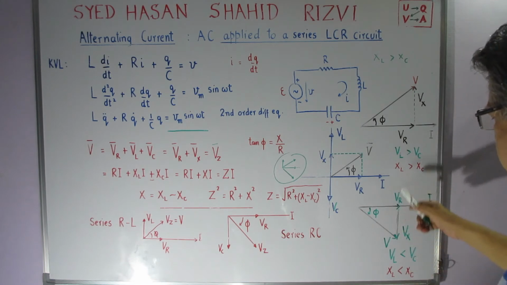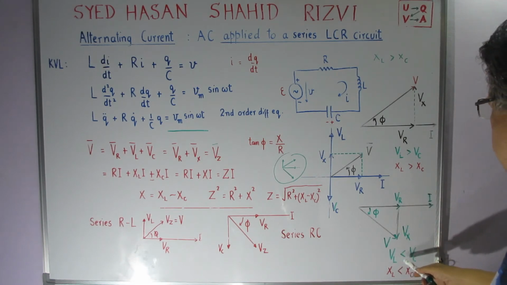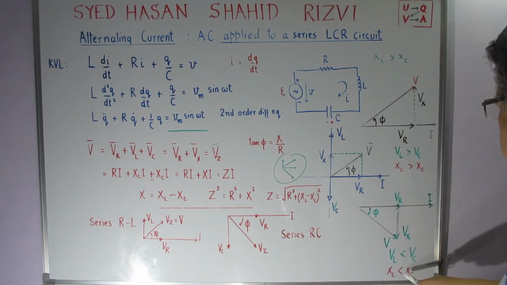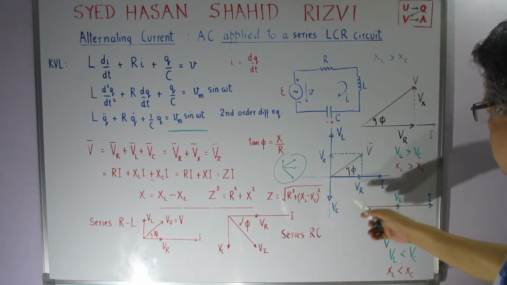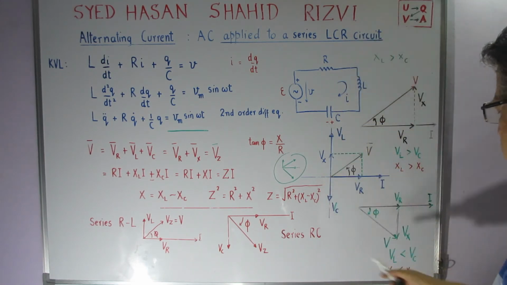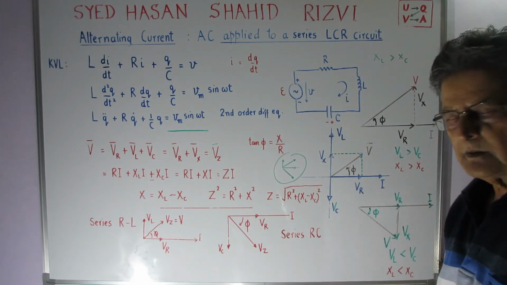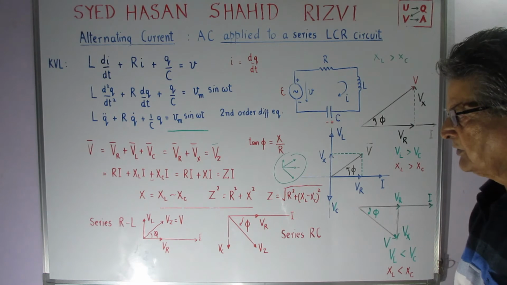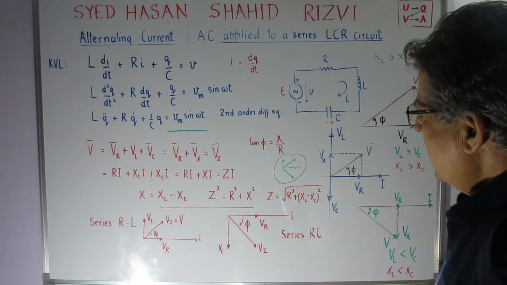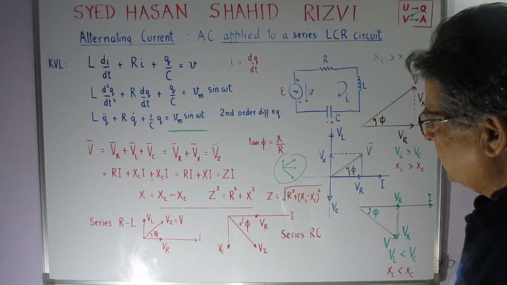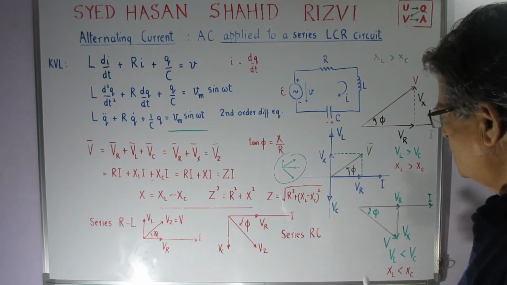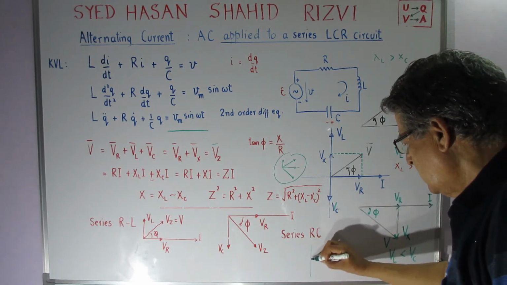Else, if VL is less than VC or XL is less than XC, then such an RLC circuit is called capacitive. The circuit is supposed to be capacitive in nature. One thing which I'll leave for you is to draw the time diagram.